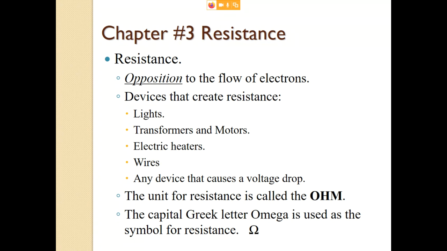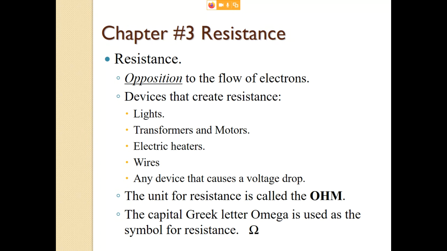Now, any wire has resistance to it, which means that it will get hot. If you're passing electricity through a wire, there's resistance in that wire and it's going to heat up. But basically a resistor is going to convert electrical energy into thermal energy or heat.